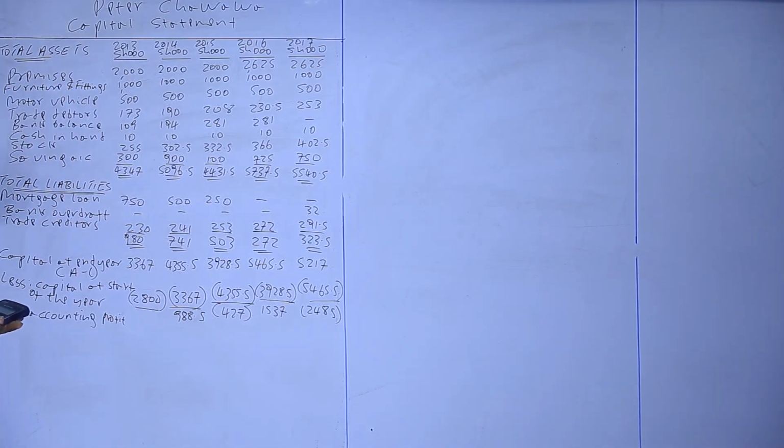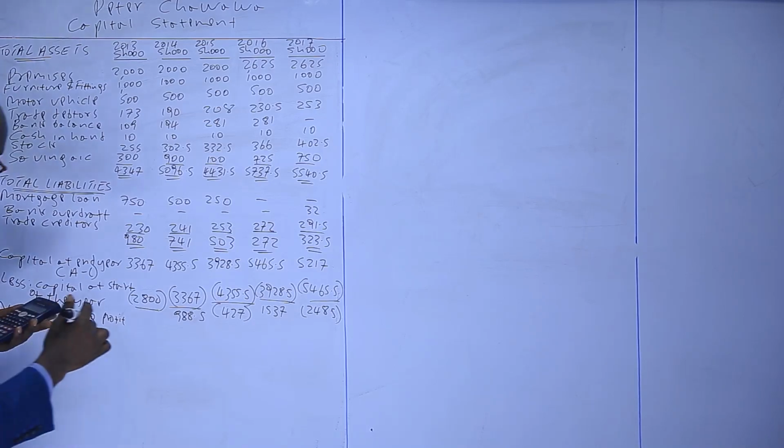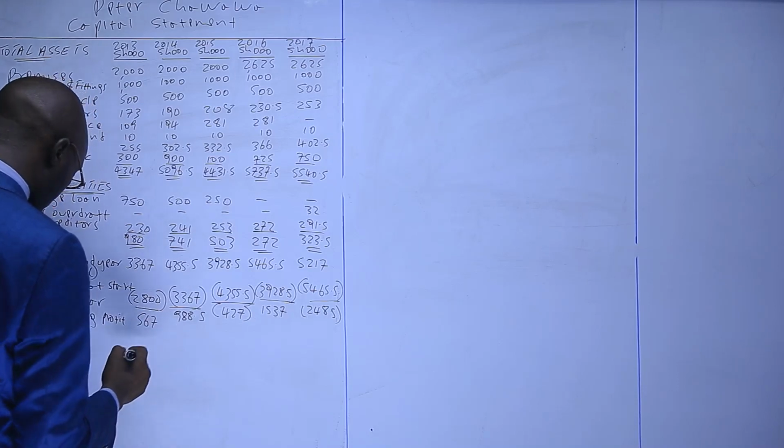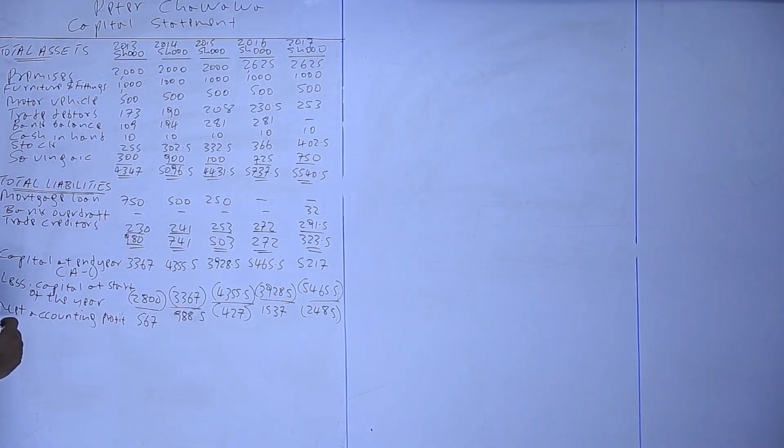Then 3367 minus 2800, 567. Now this will now add non-allowable expenses.